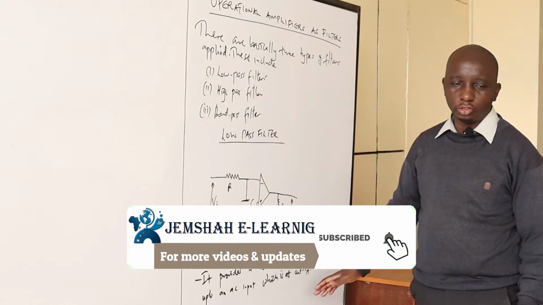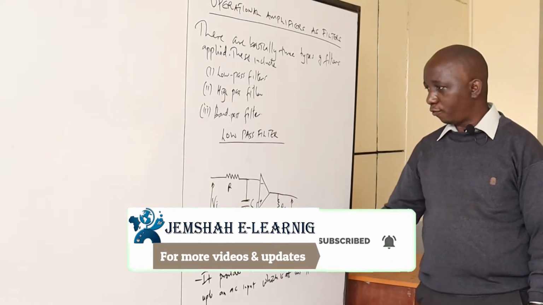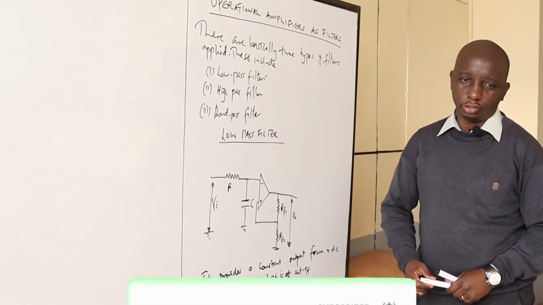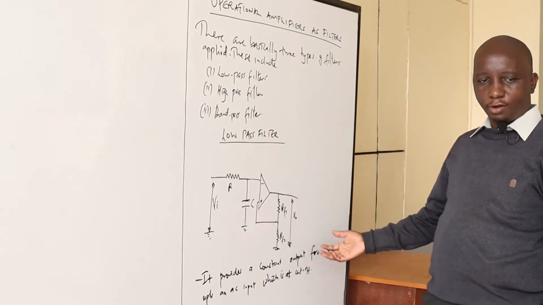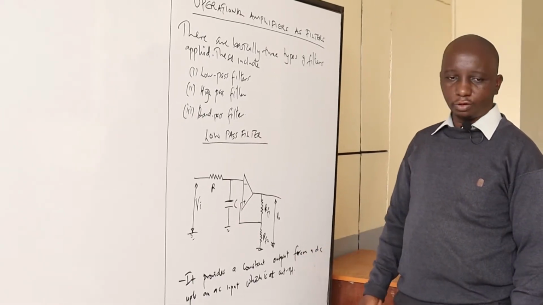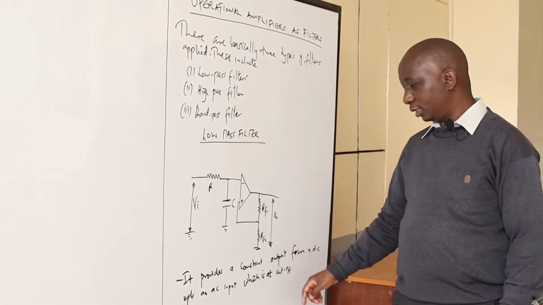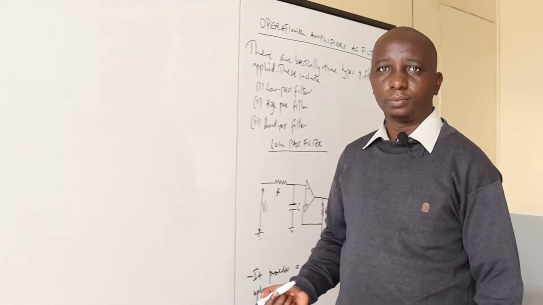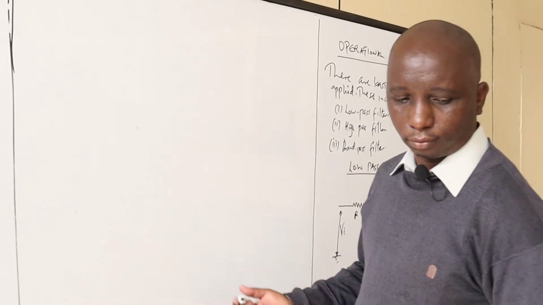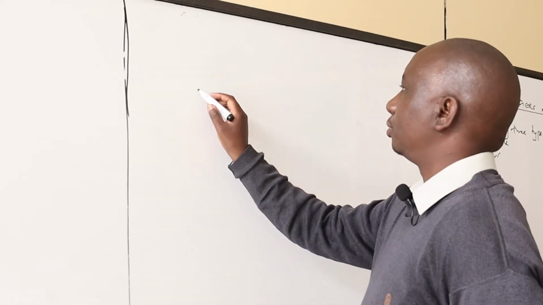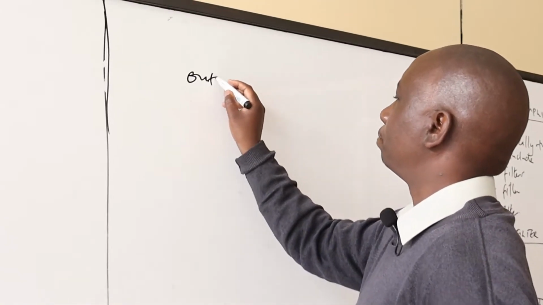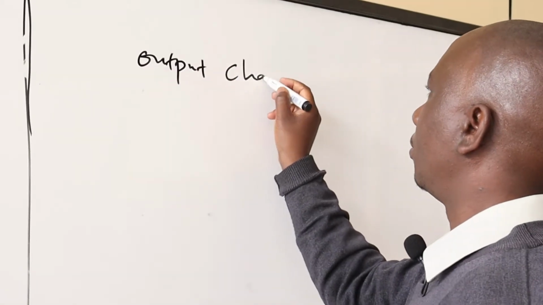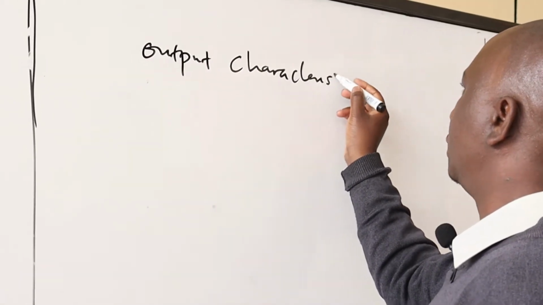And at this margin, the conductivity of the low pass filter is reduced to zero. So we are going to have a sketch of the output waveform so that we are able to understand how this is able to be conducted. The output characteristics.